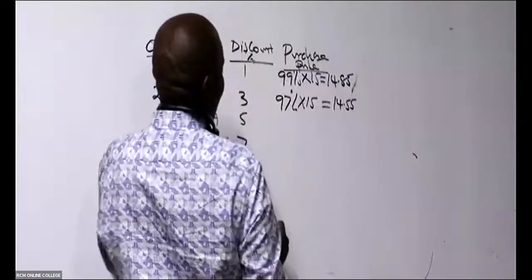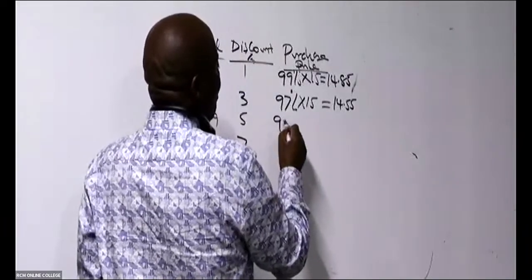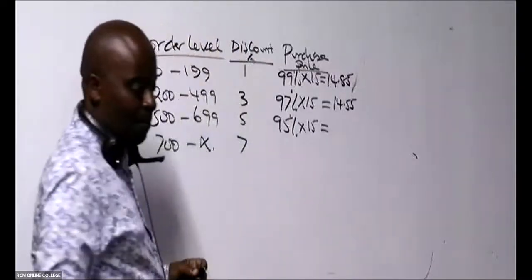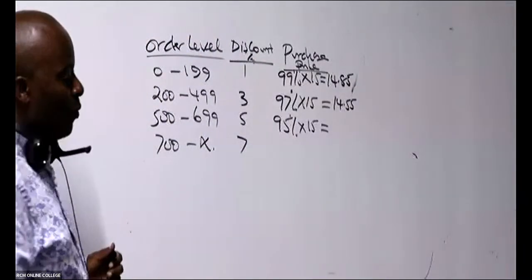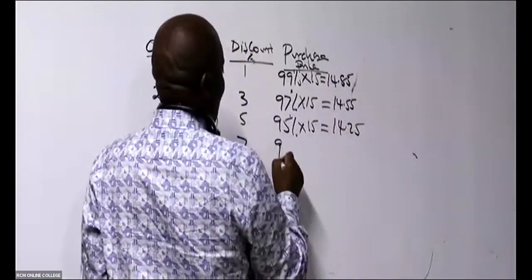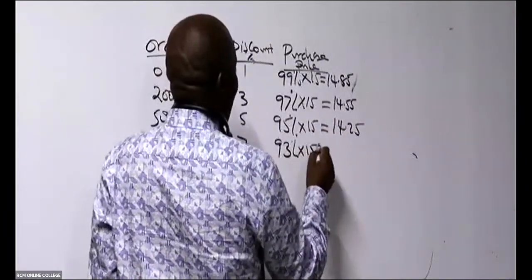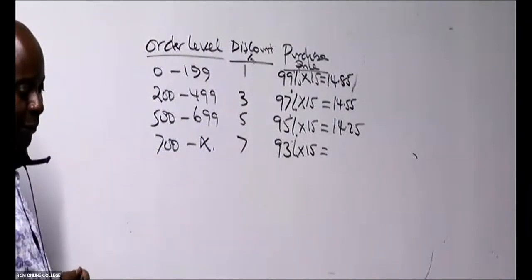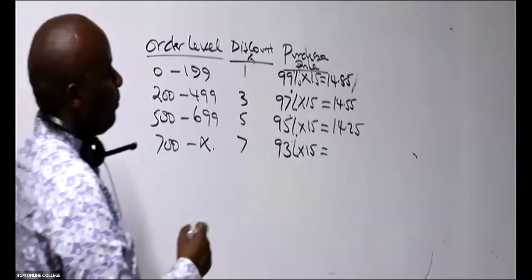If I'm given 5%, I'm procuring at 95% of 15, that is 14.25. Then this will be 93% of 15, which gives us 13.95.